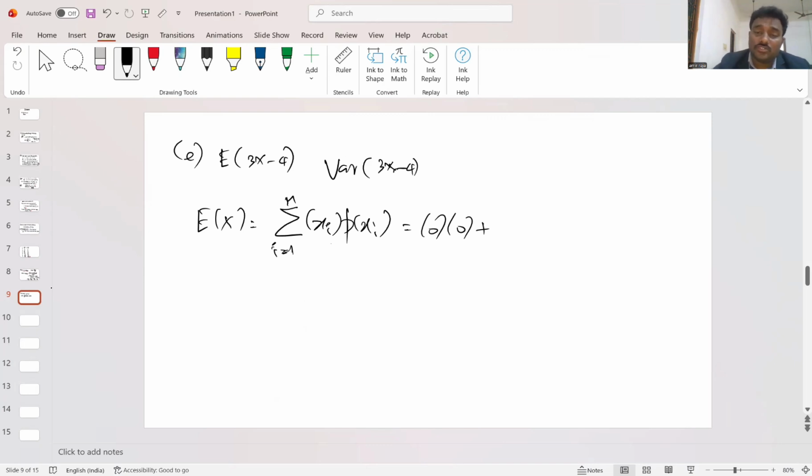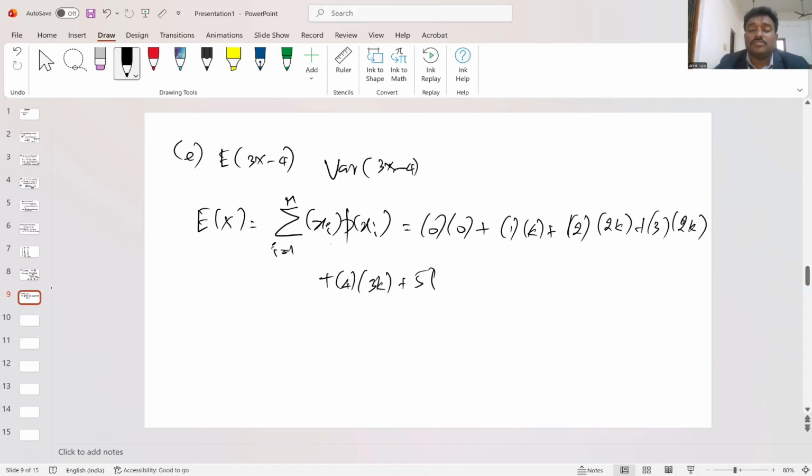So for 0 it is 0 and 0. For 1 it is k, for 2 it is 2k, and for 3 it is 2k again. For 4 it is 3k, for 5 it is k square, for 6 it is 2k square, and for 7 it is 7k square plus k.